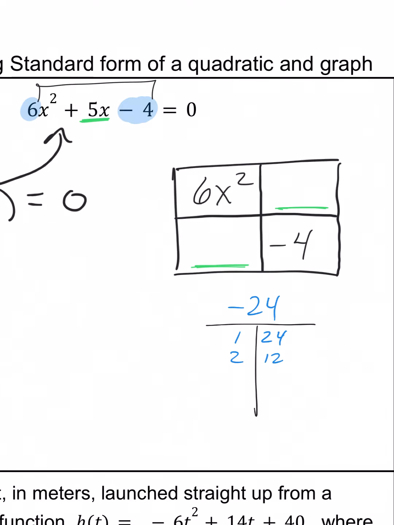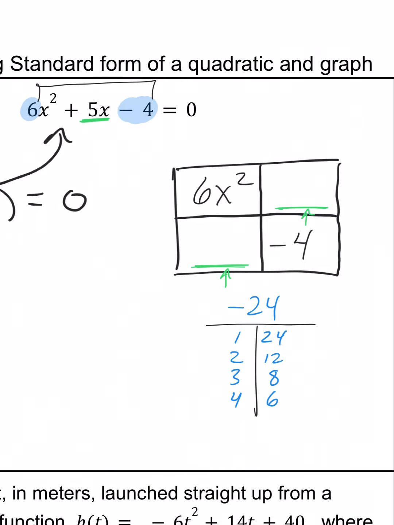We have 2 and 12, 3 and 8, 4 and 6. So what we got to do is think about the factors. We have to put factors inside these two boxes that we can use with a common factor and factor this trinomial.